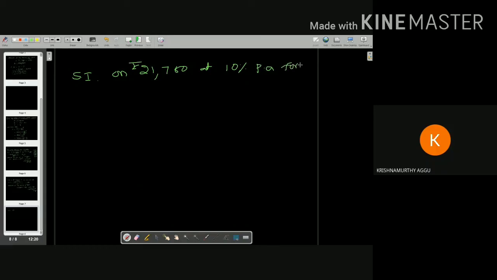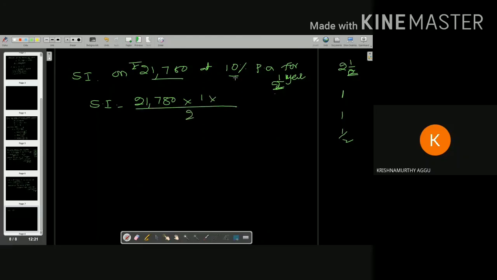For not 1 year. We can see that it is 2.5 years, in the year by year calculation: 1 year, 1 year, half year. So for half year, principal, rate of interest, time. We will find out SI is equal to principal 21,780 into time 1 by 2, in the denominator I am writing this 2, rate of interest is 10 percentage, 10 by 100.